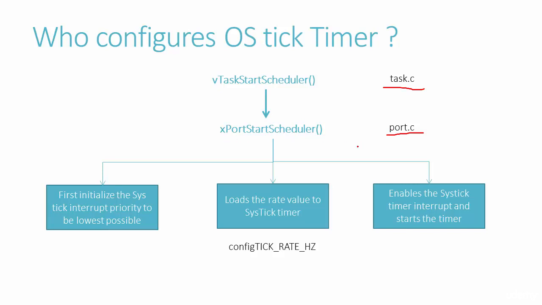In that function, three major things happen. First, it initializes the SysTick interrupt priority to the lowest possible; that is the priority configuration. Then it loads the rate value into the SysTick timer, enables the SysTick timer interrupt, and starts the timer. Now let's get into the source code to understand this.